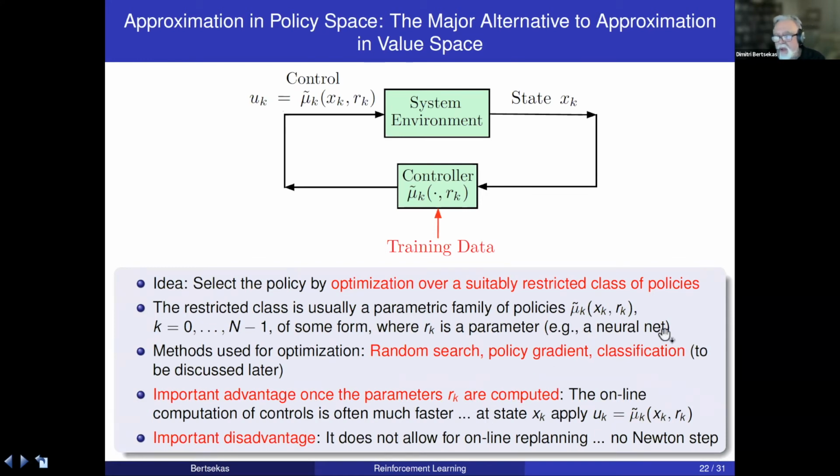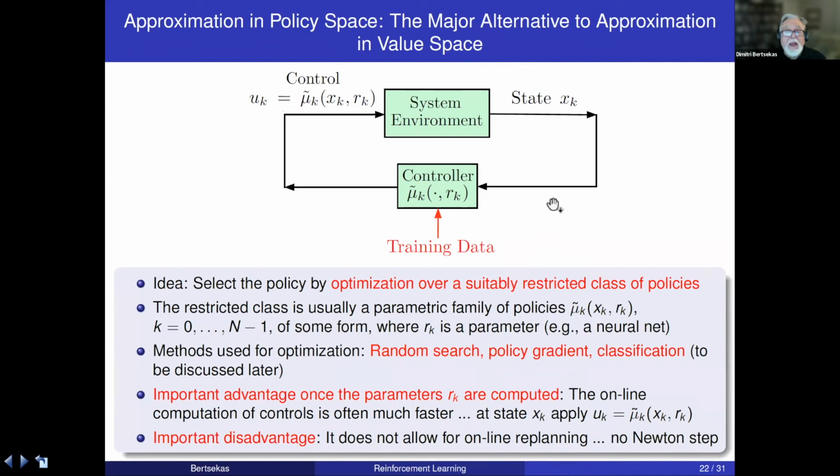Just feed the state to a neural network, and instantaneously it computes a control to apply. However, it does have an important disadvantage. All of this approximation in policy space has to be done offline. So if the problem changes on you, you cannot do online replanning. And there's no Newton step to take advantage of.